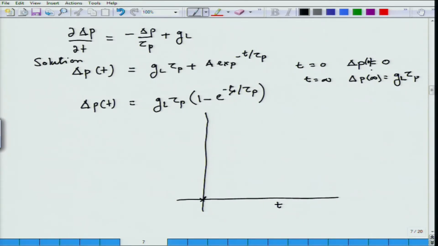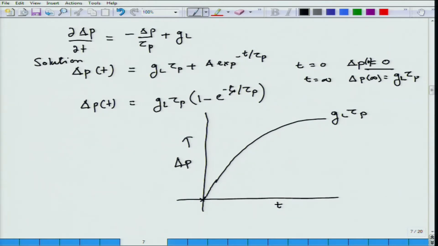This is the condition here, that at t is equal to 0, there are no carriers, delta p is being plotted here, and as t becomes very large, this will increase as 1 minus the exponential function. Eventually, it will go to the value of g L of tau p. So, this is consistent with what we physically see by solving the minority equation.